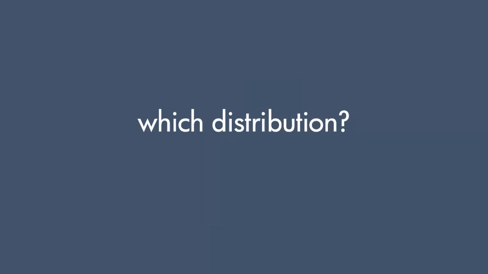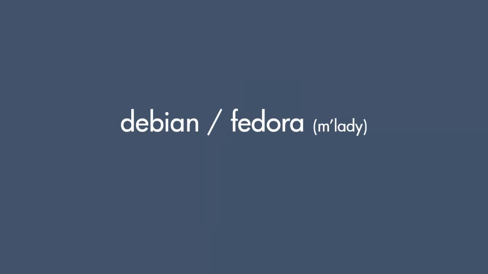So on a very simplistic level, the two main families are Debian based Linux distros or Fedora slash Red Hat based distributions. In this example I'm going to be looking at one of the distributions in the Debian family, and that is Ubuntu, which is a very easy to use version of Linux. It's the one that I've got the most experience with.